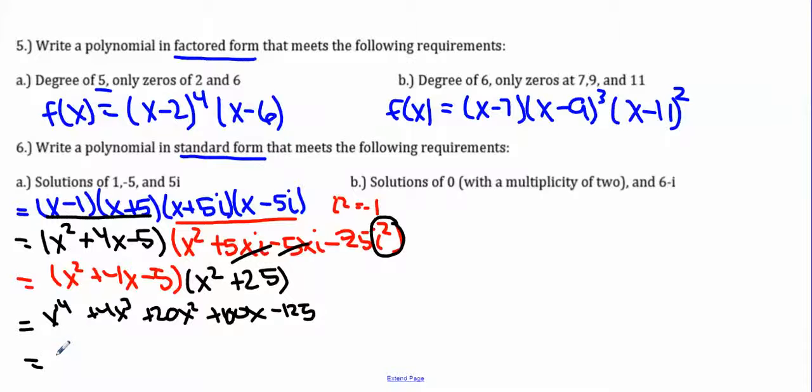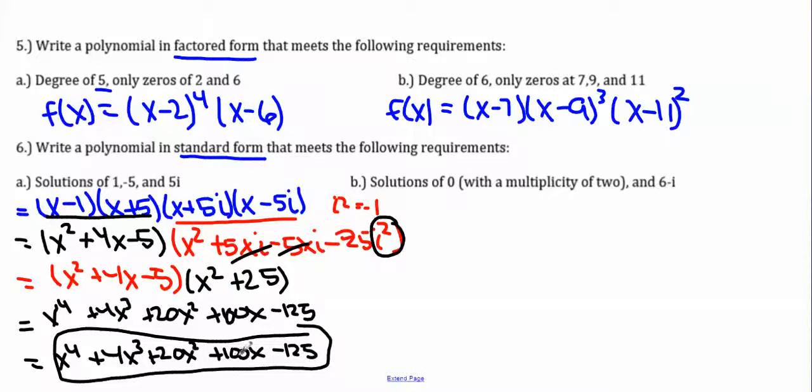Okay, don't forget to combine your like terms. We have x to the 4th plus 4x to the 3rd plus 20x squared plus 100x minus 125.